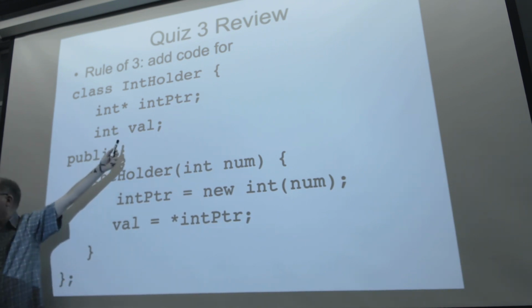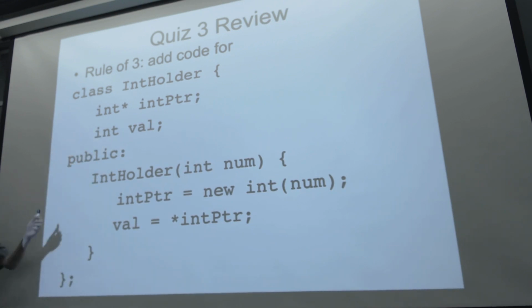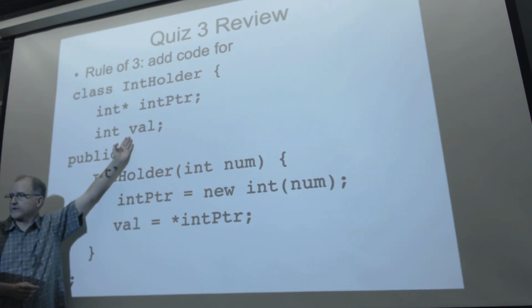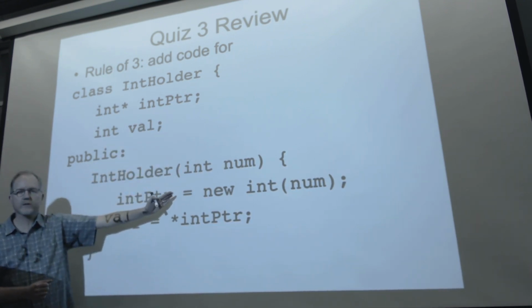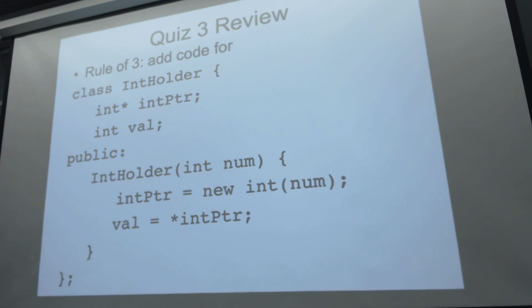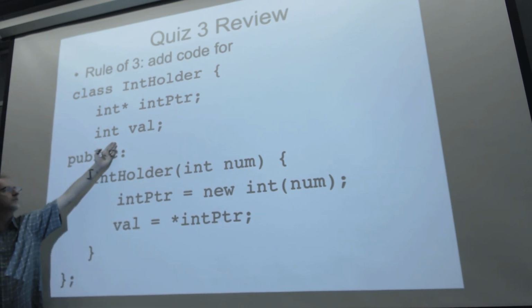And when that int holder goes away, automatically that space for the pointer goes away, and the space for the int goes away. But that says nothing about what that int pointer was pointing to, and that's what we're responsible for cleaning up. So we deleted int pointer, which means for val, what do we do? Nothing, right? We leave it alone.